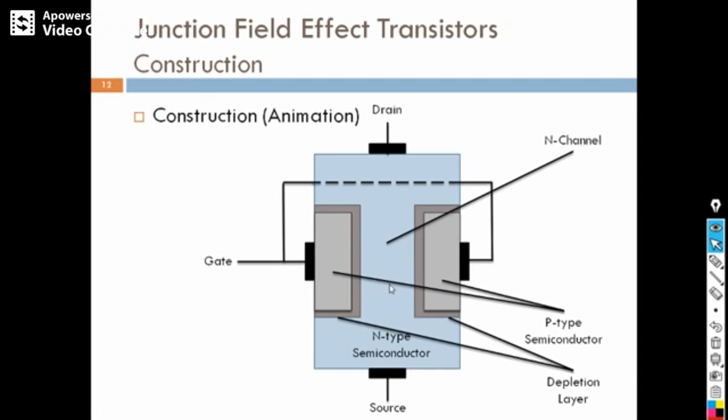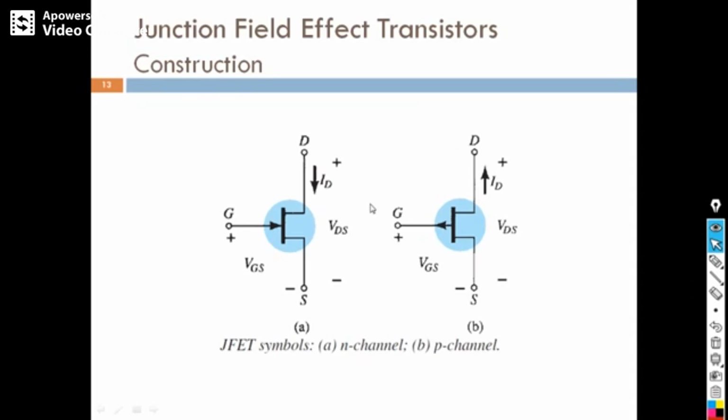So this is the channel where the electrons flow, and this is the symbol for N channel JFET and P channel JFET. Here you can see in the N channel the arrow is heading towards the gate, and in the P channel the arrow is moving away from the gate.